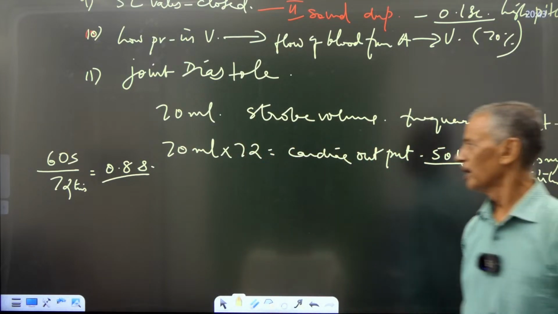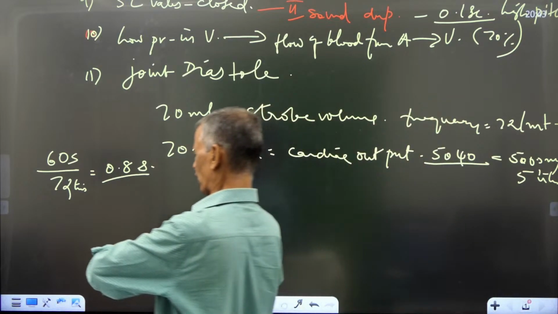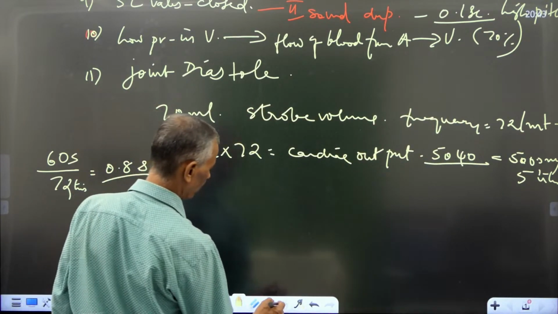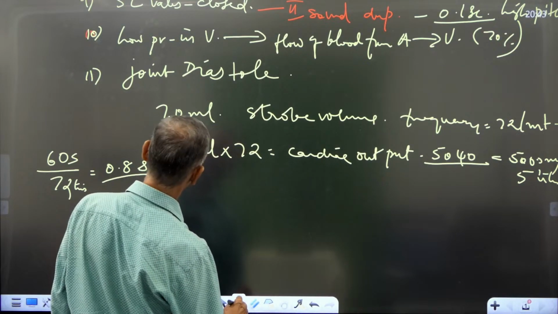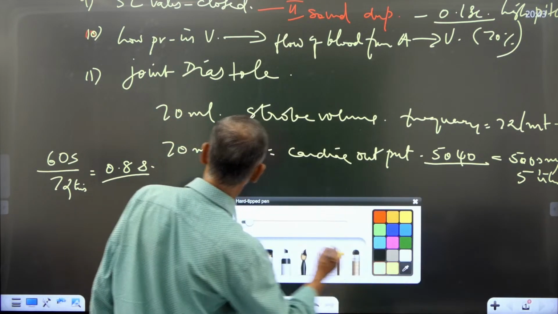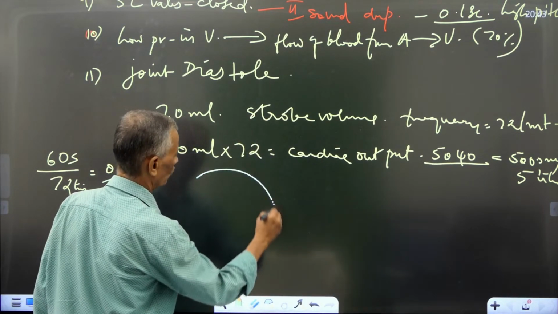Clear? Now, what are the major events? I will be giving you a pie diagram to illustrate the main events occurring during this activity. You can take down.